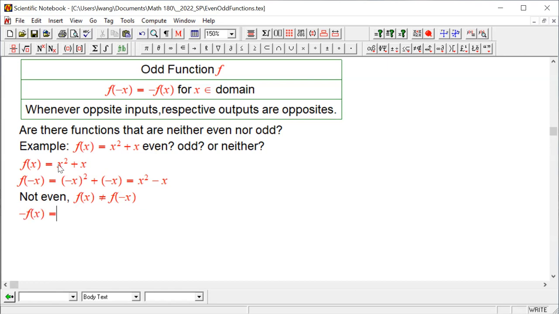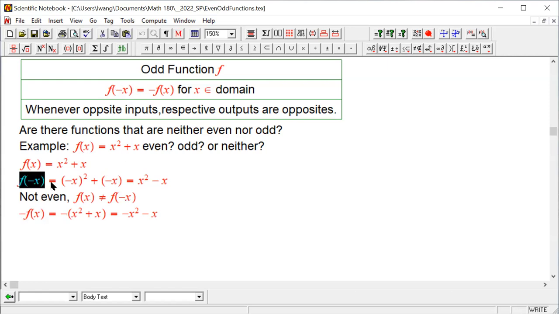You have to put a negative sign on this side, right? So the negative of f of x is going to be on this side. And what do we get? We get negative x squared minus x. So you would compare these two, because that's in the definition.